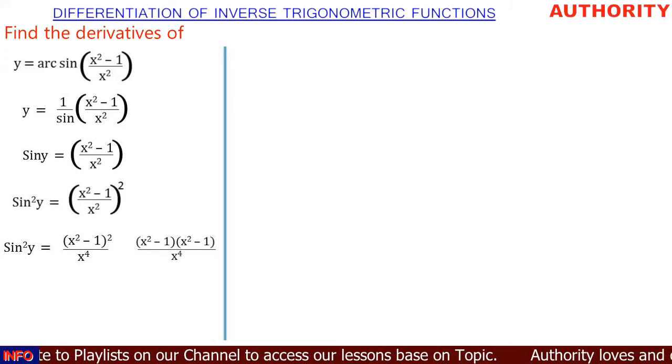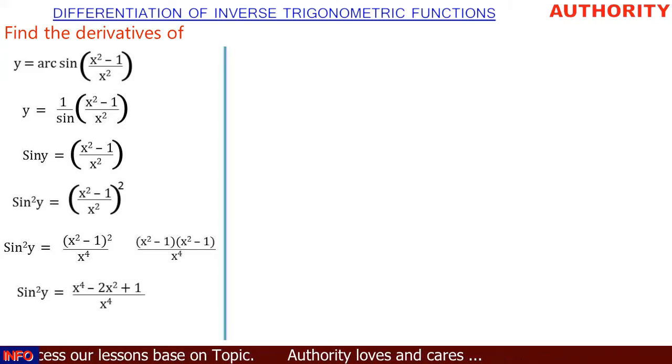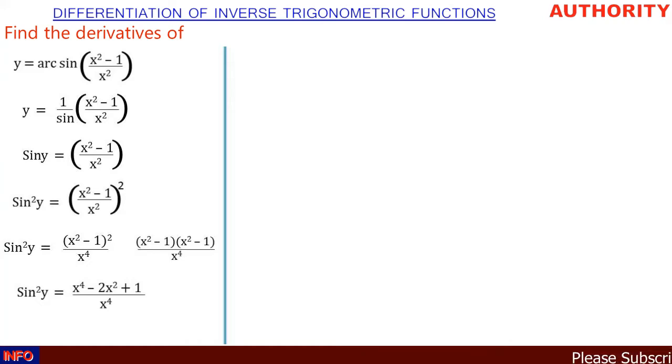So when we multiply this numerator, it's going to give us x raised to power 4 minus 2x squared plus 1, all over x raised to power 4. So here we see that sine squared y is equal to x raised to power 4 minus 2x squared plus 1 all over x raised to power 4. Is that true? Yes.